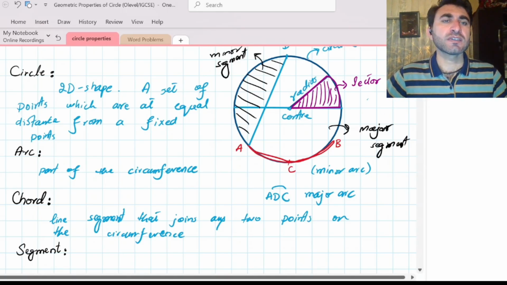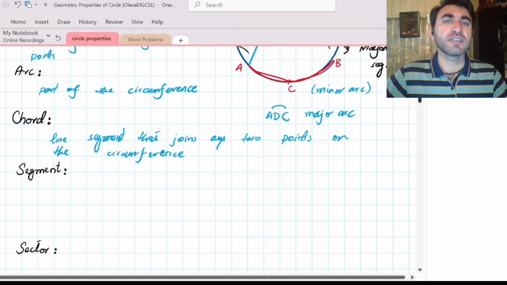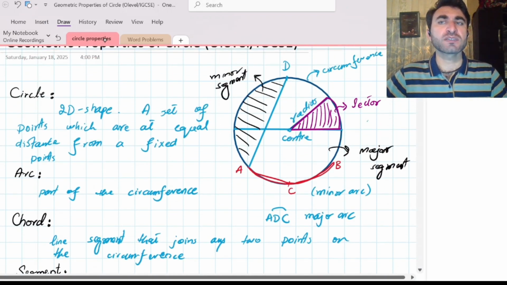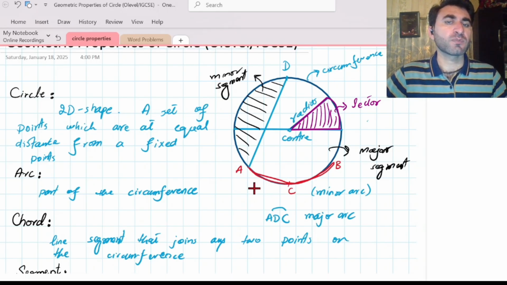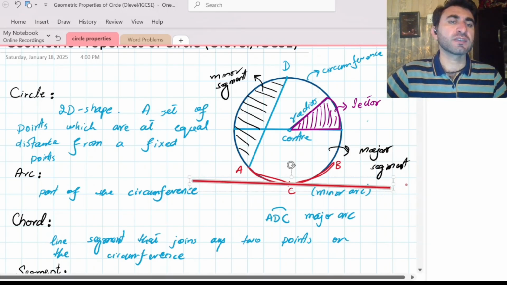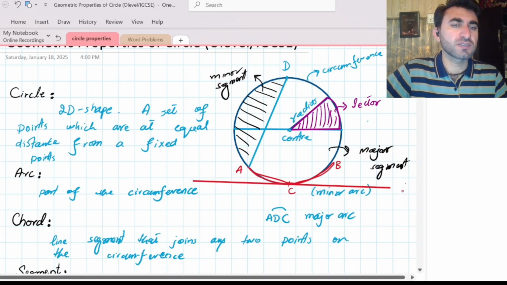Now there is another last definition, that is about the tangent, and a tangent is basically a line segment that passes through the circumference of the circle, that touches only one point. Like this line segment that is passing through the circumference of the circle.